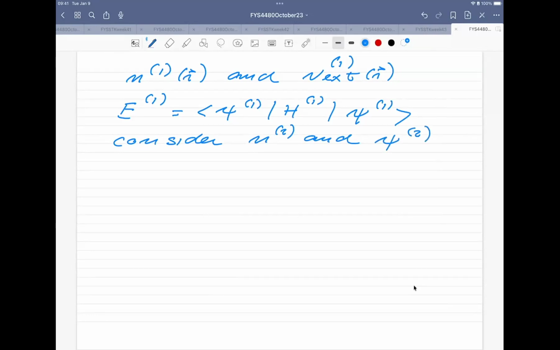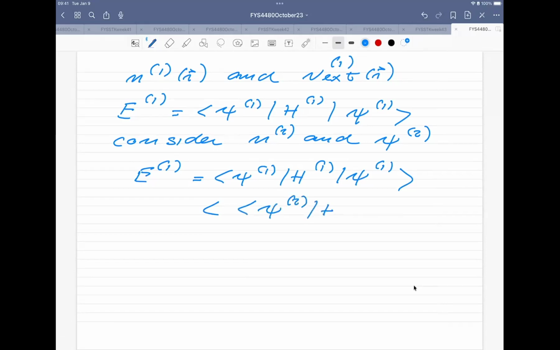Now this psi2 is obviously not the ground state of this H1. So that means that this E1, which is equal to psi1 of H1 psi1, must be larger than psi2 of H1 psi2.